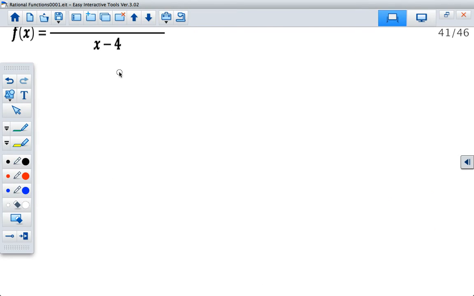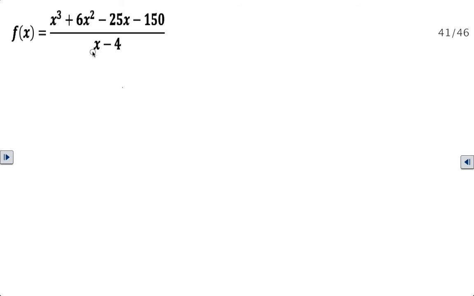In this case, because I have a very simple denominator here, I just have a coefficient of 1 here and an exponent of 1 here, so I can do synthetic division. To find the number that goes in your corner box, you have to set this equation equal to 0 and solve for x. When you do that, you get x equals positive 4.